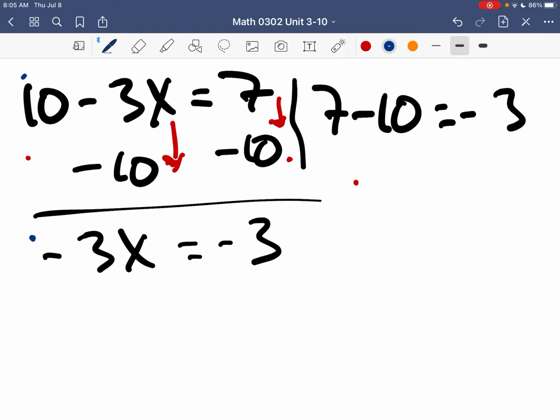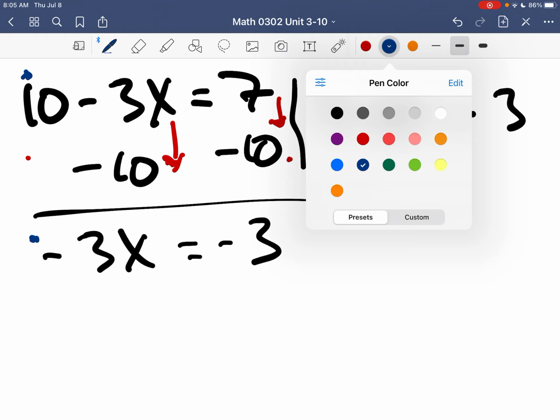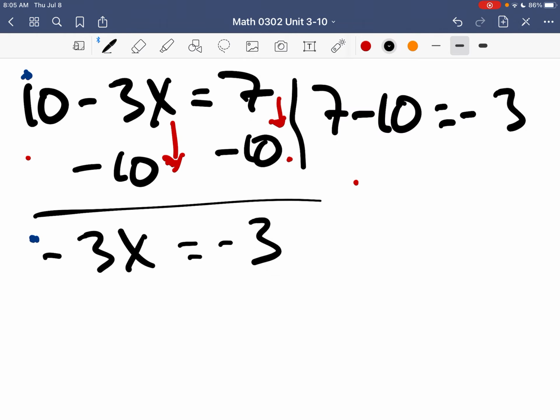That's another reason to let us know that we're using the properties correctly. If we're using properties in mathematics, the equations should go from more complicated to more simple. Yes, indeed, that is what's happening here.